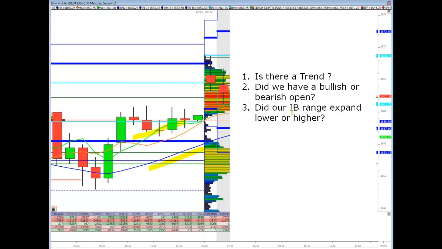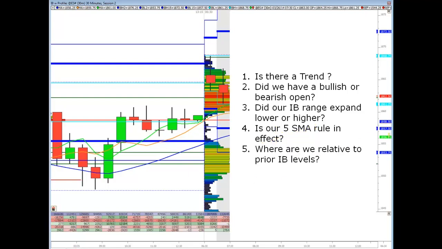Did our IB range expand higher or lower? It did expand lower in this case, and you can see it right there, the step action. Very easy to discern. We talked about the 5 SMA rule, and it is not in play. We haven't even made it to the 5 yet. We're certainly heading towards it, but we're not quite there yet.